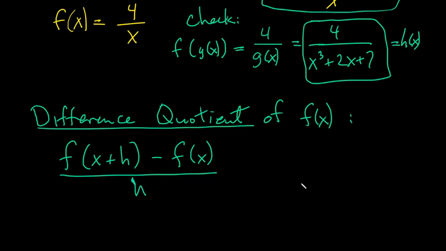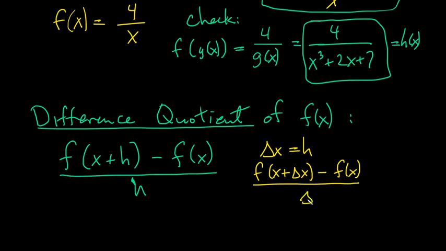This book tends to use h. In some cases, I use this symbol delta x instead of h. So delta x and h are essentially the same thing. So in some cases, the difference quotient would be f of x plus delta x minus f of x all divided by delta x. So that's also the difference quotient.